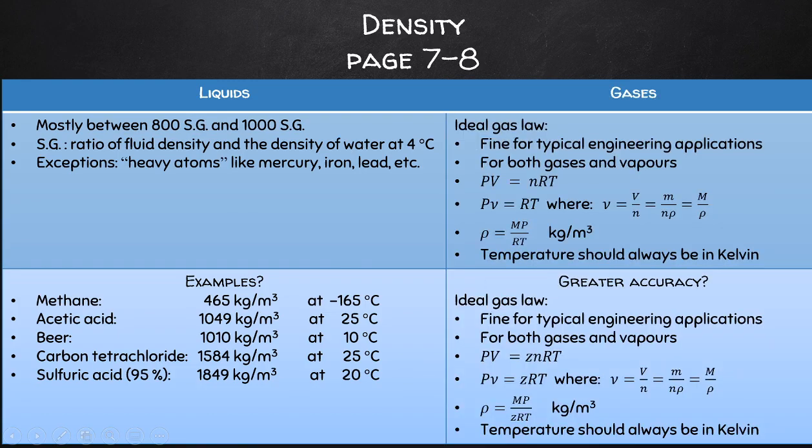Now, what about gases? Firstly, for the ideal case, we may assume the ideal gas law holds. Note how we obtain the density from this law, as we will make use of this quite often when dealing with gases. If you require greater accuracy, we may consider the use of compressibility factors, which is Z, which are estimated using an equation of state for real gases, such as the Peng-Robinson equation, as well as the Redlich-Kwong equation.